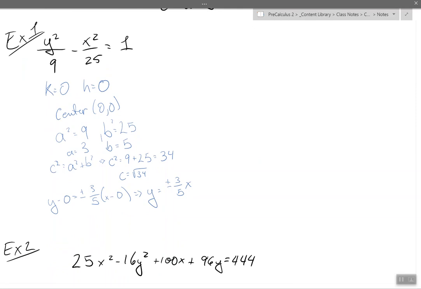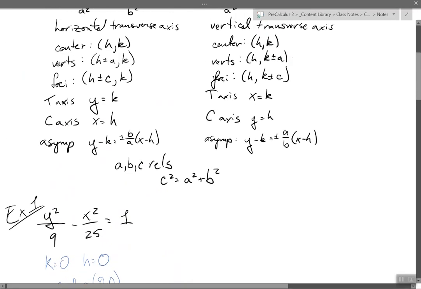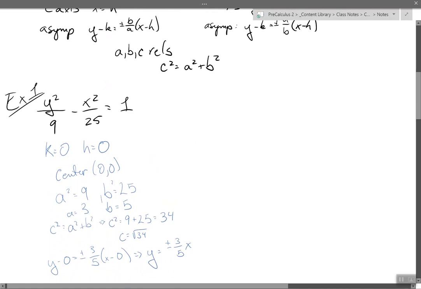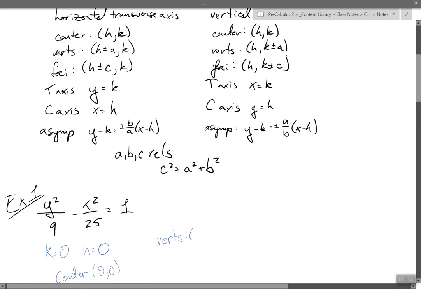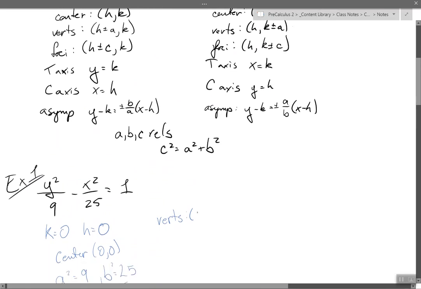Okay, so I guess we should go ahead and now list out the vertices and foci because we haven't done that yet. So the vertices are h, which is 0, and then k plus a, so 0 plus 3 is 3. The foci are h, and then k plus c.